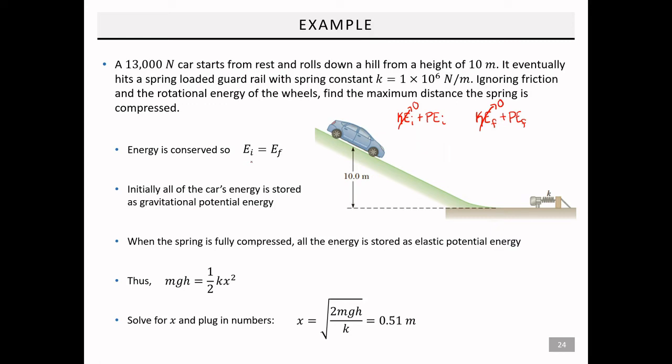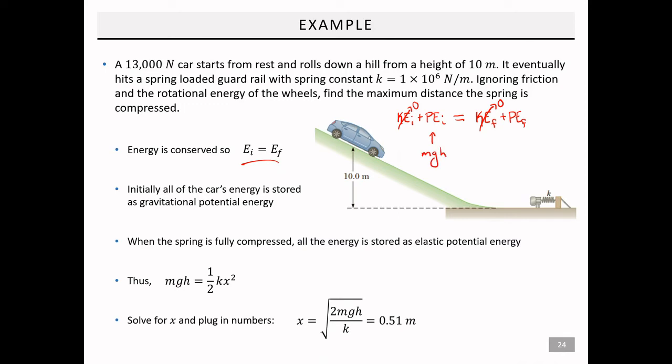So then this conservation of energy equation, E i is equal to E f, is going to turn into the initial potential energy is equal to the final potential energy. The initial potential energy comes entirely from gravity.